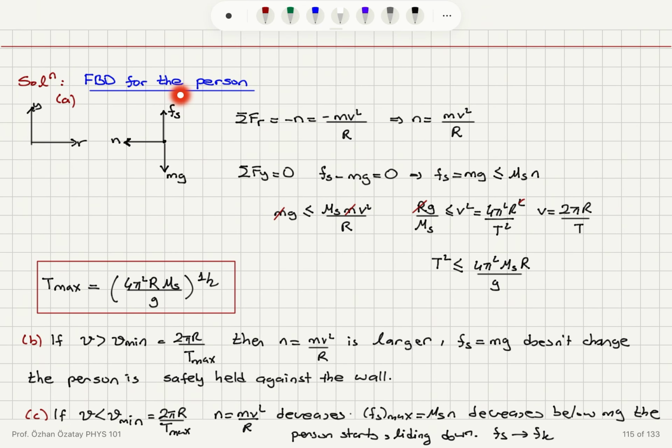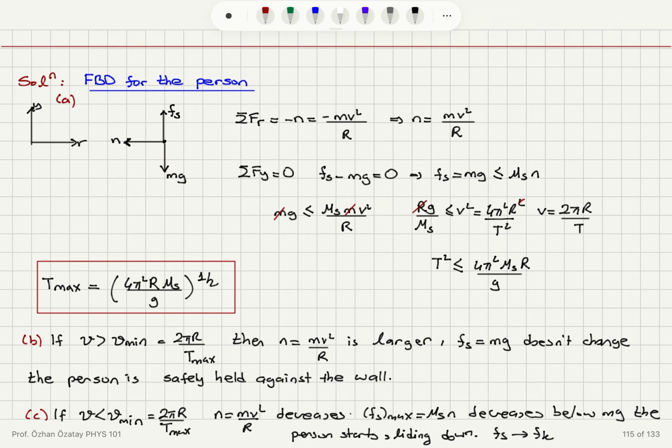The static friction is the friction that keeps the person from falling on the y-axis. So static friction is equal to mg, and it should be less or equal to mu s times the normal force. So if mu s times the normal force becomes less than mg, then the friction force will not be equal to mg, and therefore the weight will win.